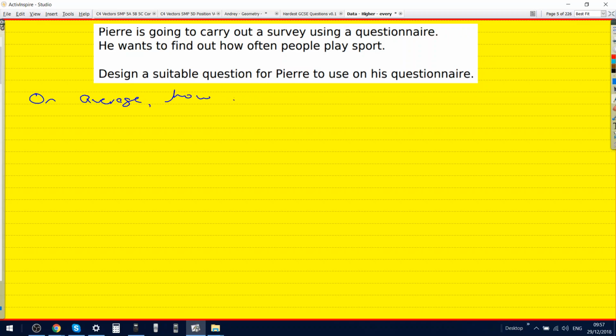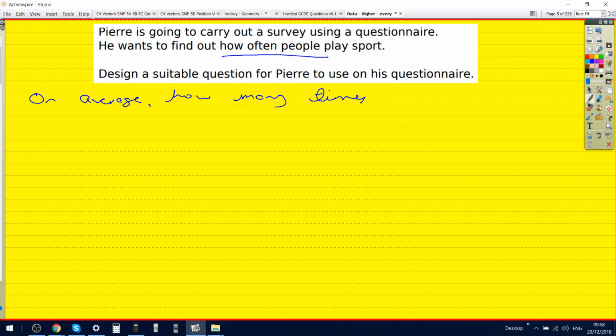Oh, wait, should I say moderate? Do you exercise moderately or something like that? Because you might just do sport for 10 minutes, or you might do sport for 3 hours. So how many minutes or hours? Can we say how many minutes or hours or something?